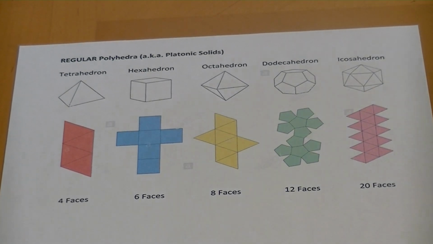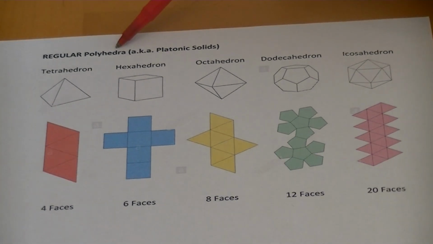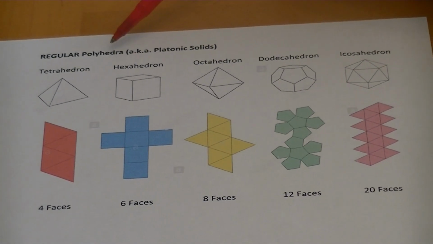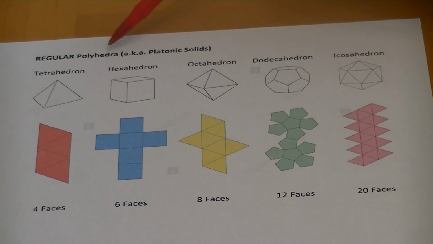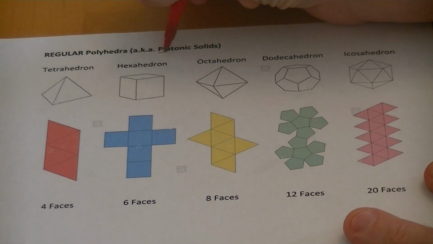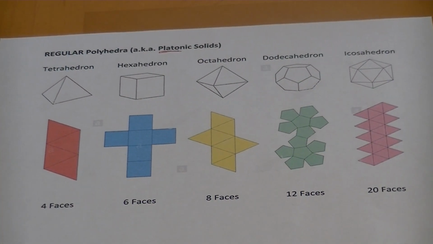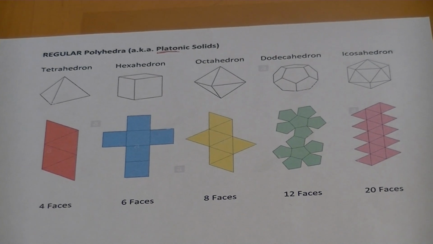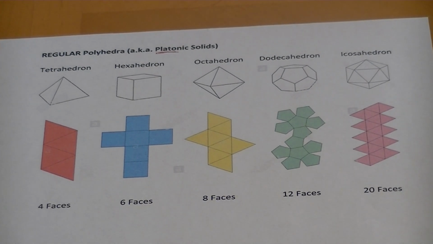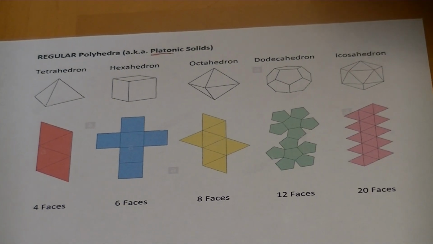So one more thing about polyhedra. There are 5 regular polyhedra. A regular polyhedron, also known as a platonic solid, because they were studied extensively by Plato. So it's a special kind of polyhedron. It's a polyhedron where every surface is the same regular polygon.